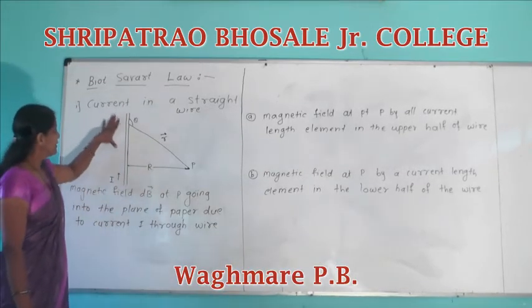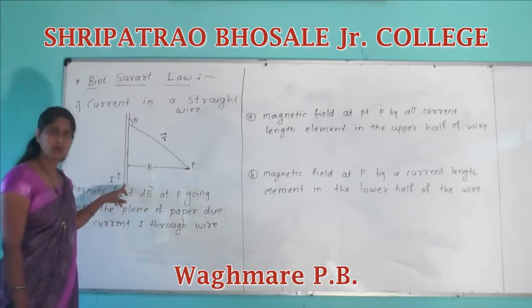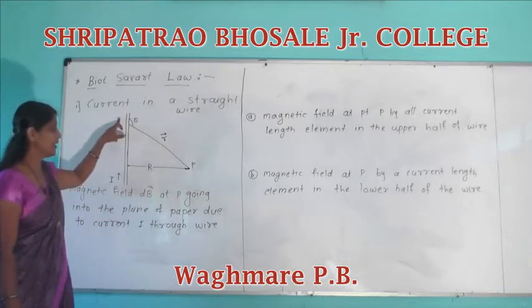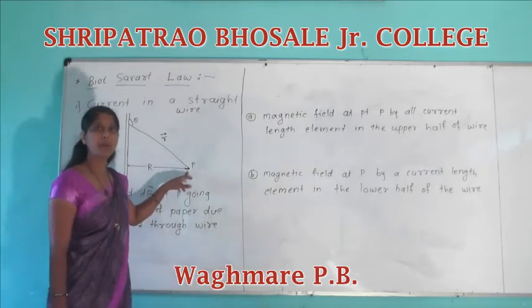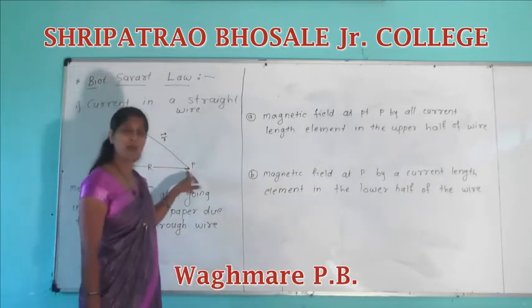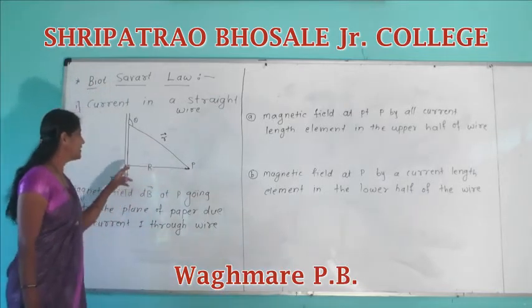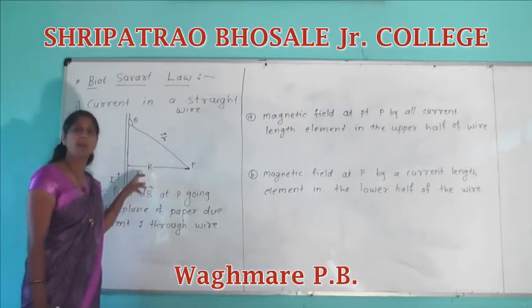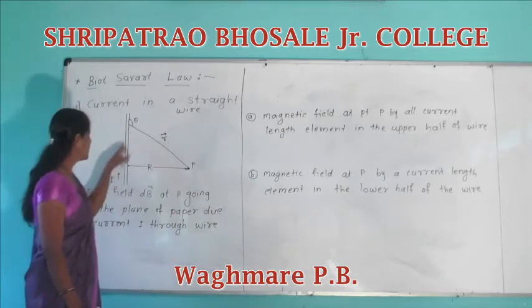Here, this is a straight conductor. I is the current passing through this wire, and we have to find the magnetic field at point P, which is at a perpendicular distance r from this wire.